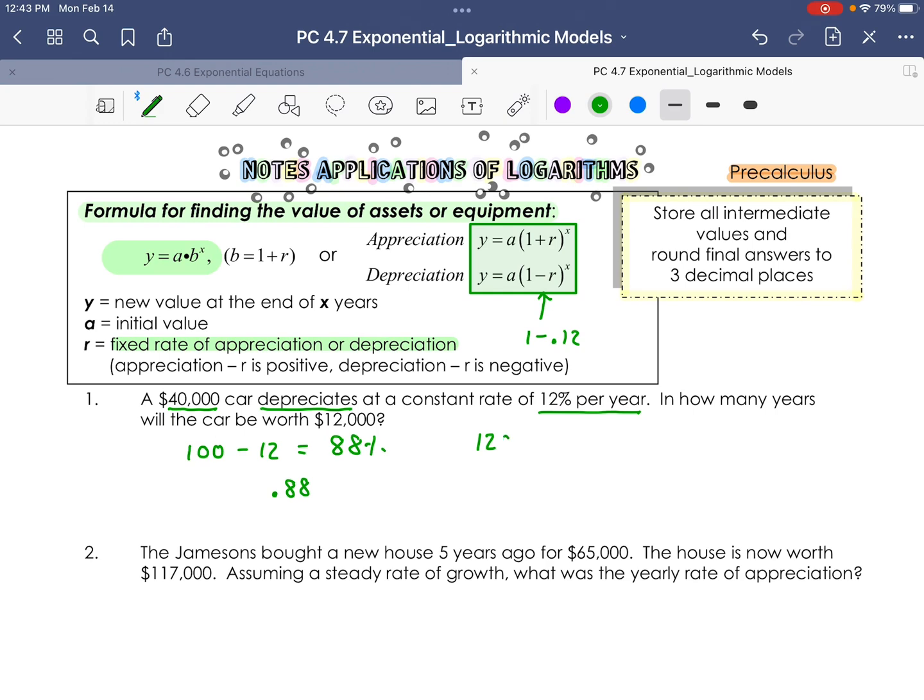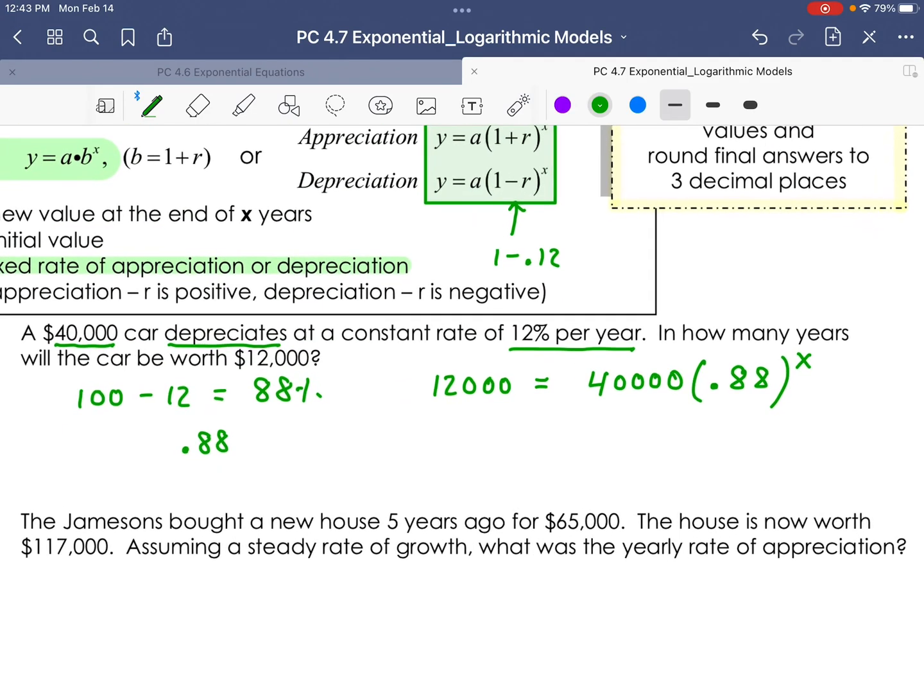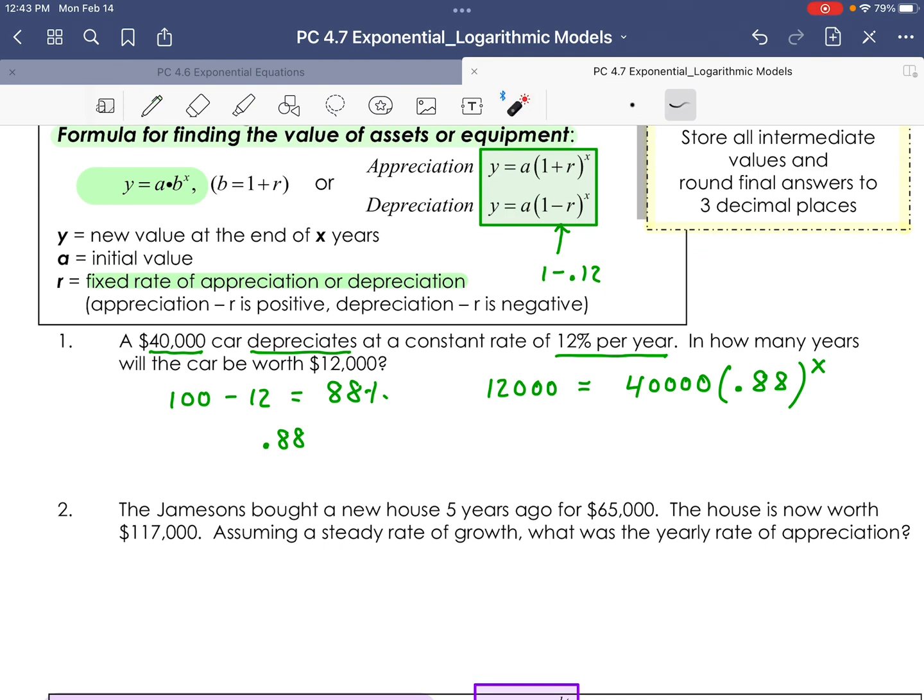So $12,000 will be our final amount. We're starting with $40,000. And our multiplier is 0.88 raised to the x. Okay. So we've got our a, our initial amount, our y, final amount, our multiplier, 1 minus 12%, or 0.12. Remember to divide by the 40,000 first.